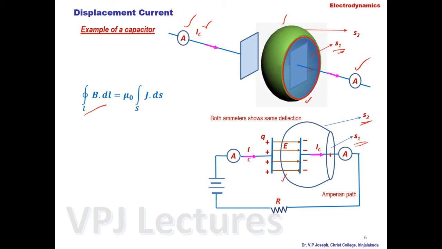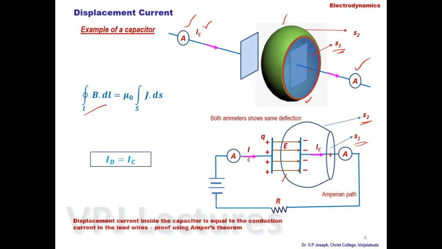So by making use of these two surfaces, we are able to show that ID is equal to IC, that is displacement current inside the capacitor is equal to the conduction current in the lead wires using Ampere's theorem. This is the proof. These two surfaces are taken, and we will evaluate the Ampere's theorem to prove this result.